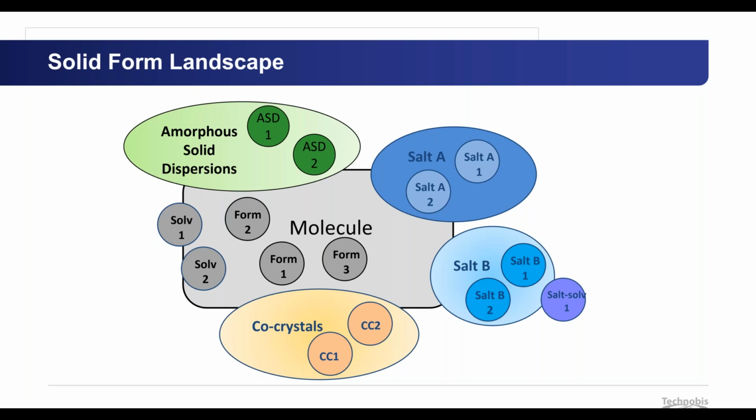And last but not least, the last resort in the development of a molecule: if none of these options are working, then you would look into amorphous solid dispersion. As we all know, amorphous is in a high energy state, with high solubility and increased dissolution rate, but very unstable.